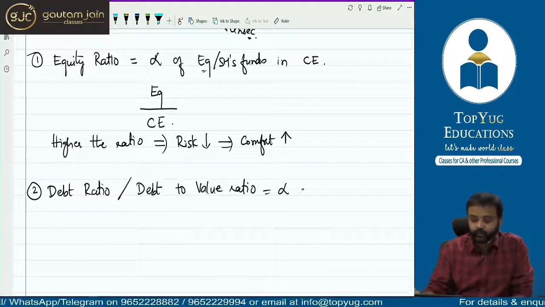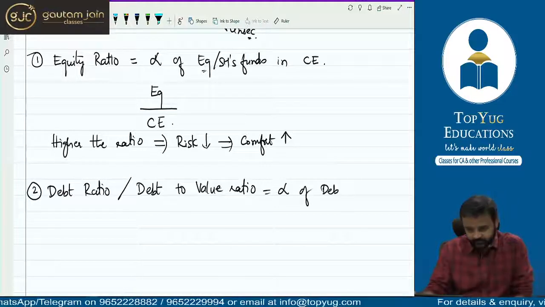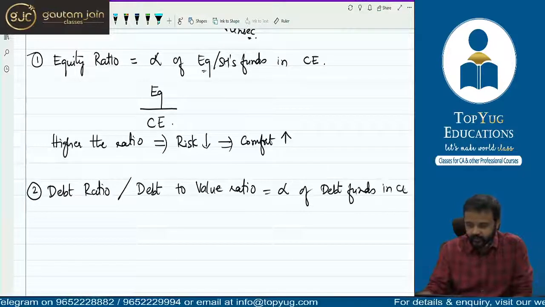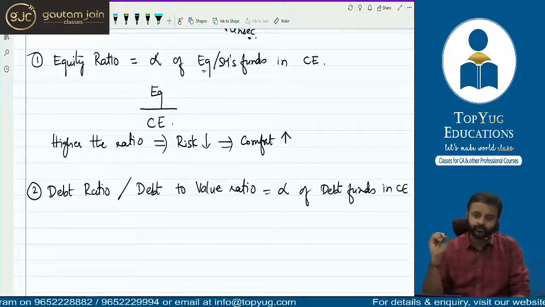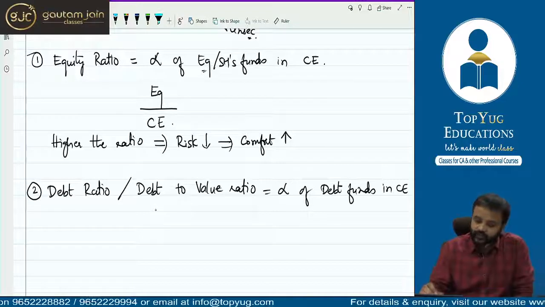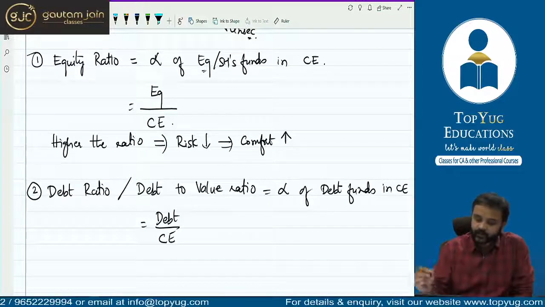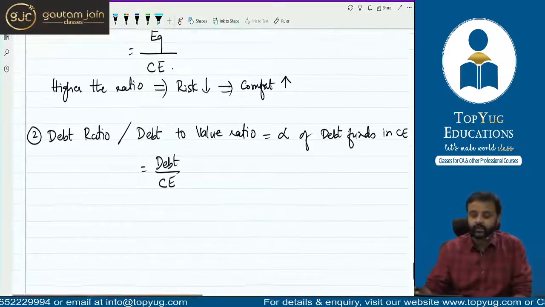Obviously, proportion of debt funds in capital employed. Okay, so how do we calculate this? Obviously, debt divided by capital employed. This is how we calculate it.